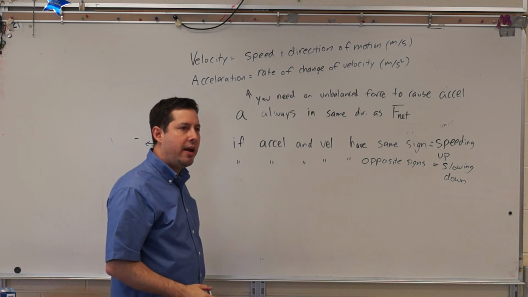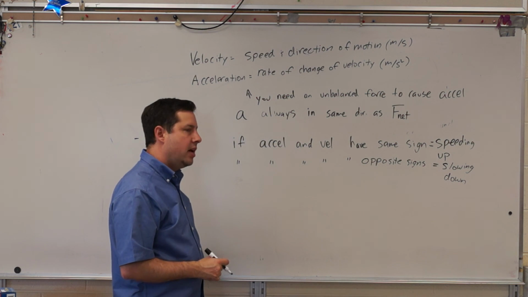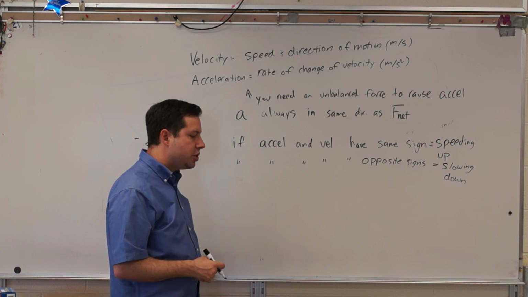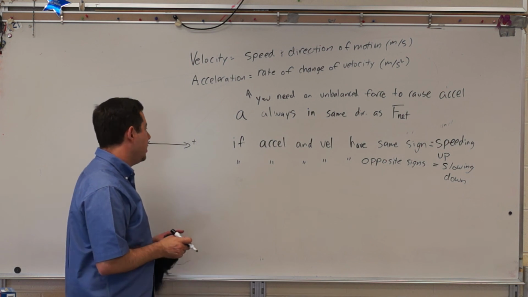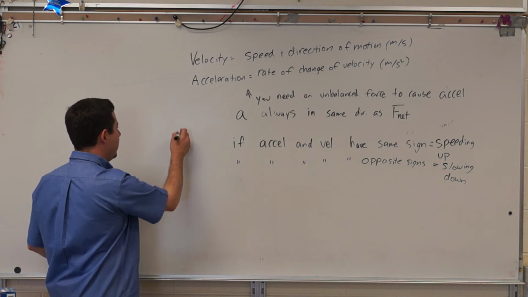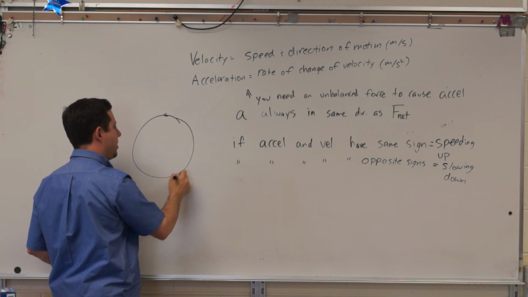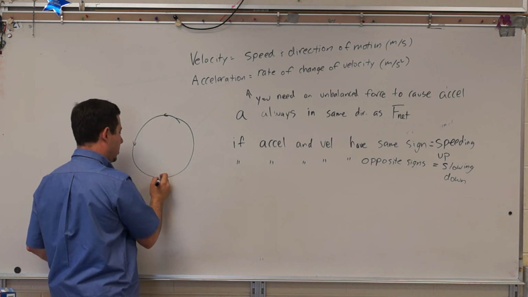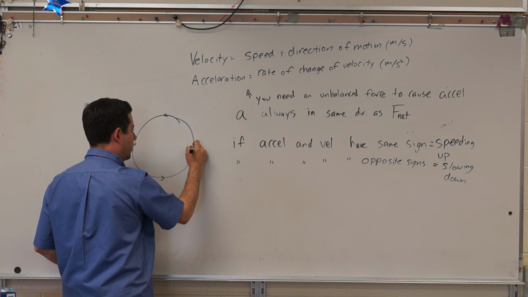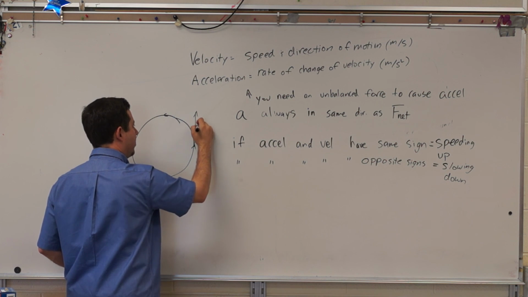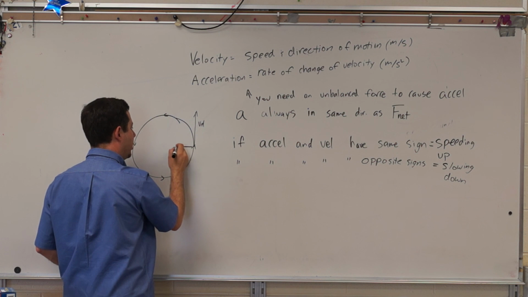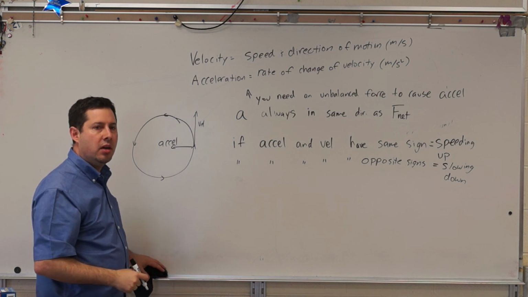Now you can also have them in a variety of other directions. For example, in circular motion, the velocity is always going to be tangent to the curve. So let's say you had an object going around like this. Its velocity is tangent to the curve, but its acceleration will be towards the center of the circle.